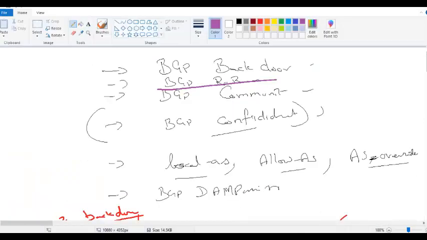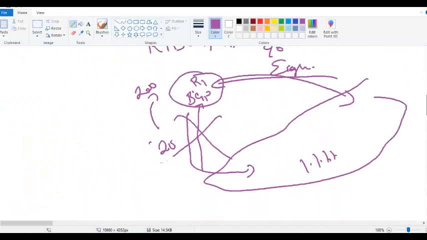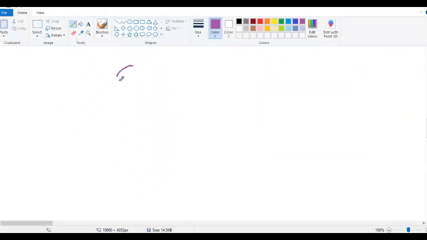Things that we need to focus on in route reflector is the cluster ID. What is cluster ID? The router ID of the route reflector server is what is called the cluster ID. Repeating again, the router ID of the RR server is what is called the cluster ID.